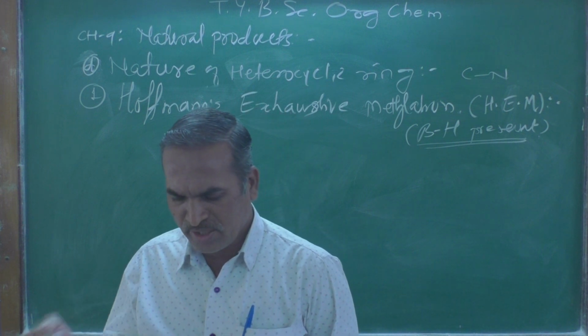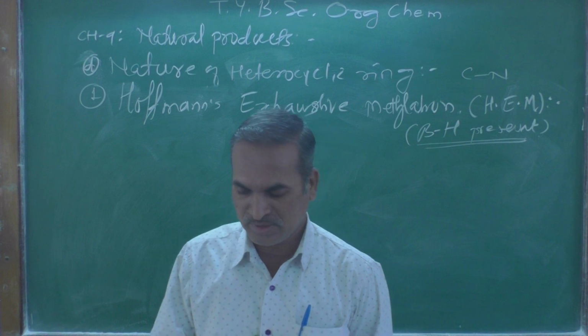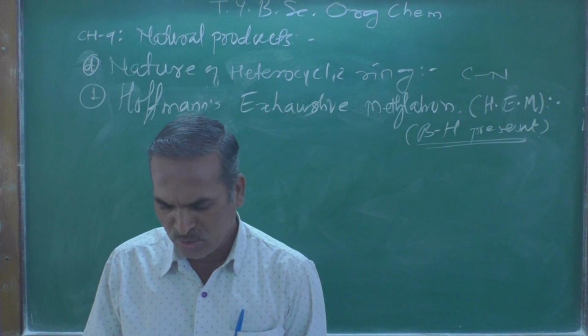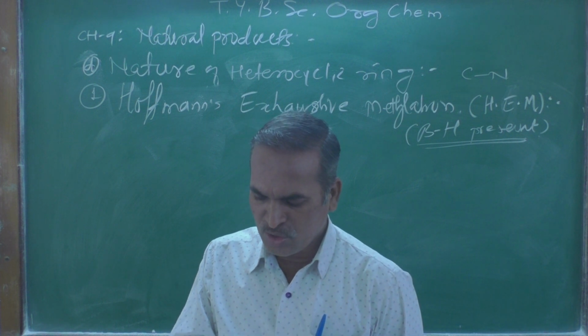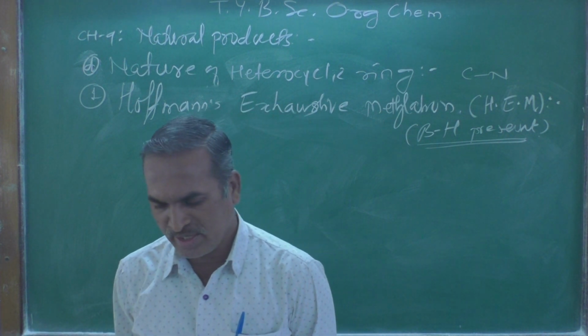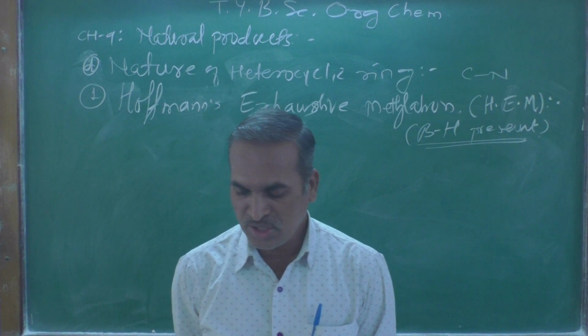The hydroxide derivative on dry distillation, pyrolysis, undergoes Hofmann elimination to open the heterocyclic ring by heating, by breaking the C-N bond.